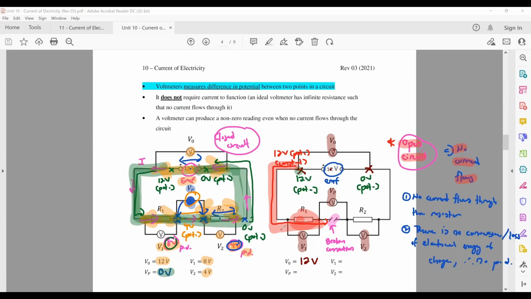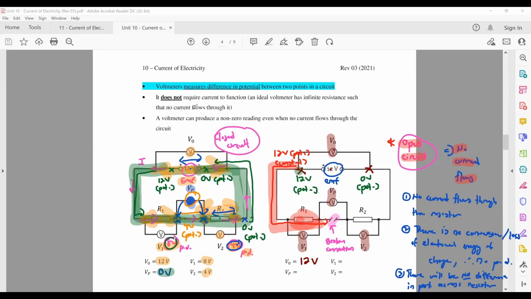Therefore, no PD. Therefore, you can also say there will be no differences in potential across the resistor. No PD, no differences in potential across the resistor.